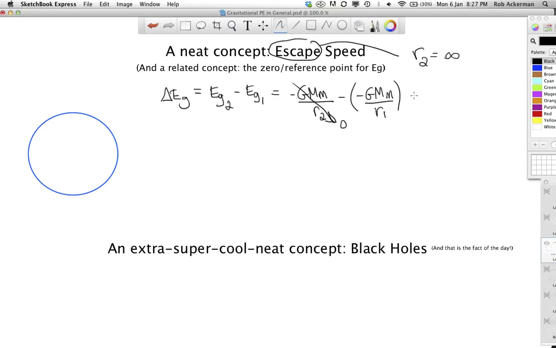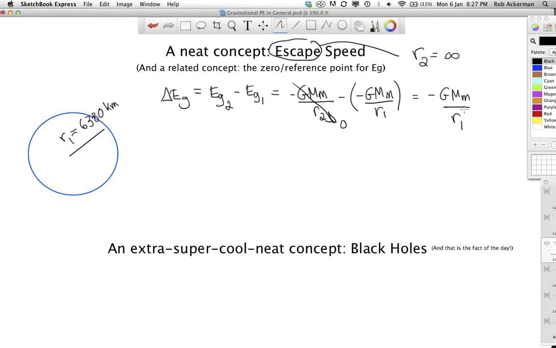So the delta Eg is going to be negative G, big M, little m, over R1, where, if you recall, R1 is going to be the radius of the planet, because I'm assuming you're starting off at the surface. Most spaceships, when they take off, are on the surface, so this is a reasonable number to put in.